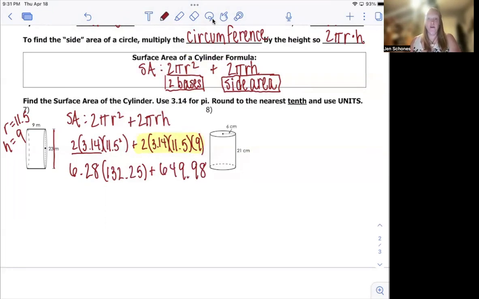Okay, I'm going to multiply the other two numbers on the left. 6.28 times 132.25 is 830.53. Remember, we're not going to round until the end.